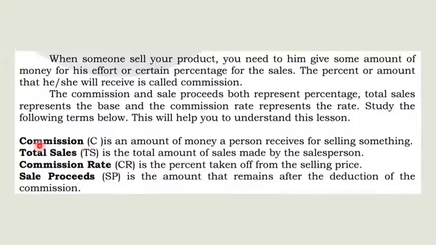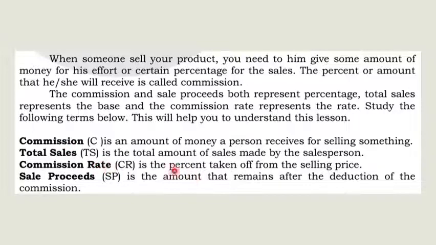So yung C natin naman dito sa commission ay commission. It is amount of money a person receives for selling something. So, ito yung nakukuha natin kung nagbenta tayo ng isang bagay na hindi naman talaga sa atin, tayo lang yung naghanap ng pagbebentahan. So, commission po ang tawag doon. Total sales naman, it is the total amount of sales made by the salesperson. Then, commission rate.